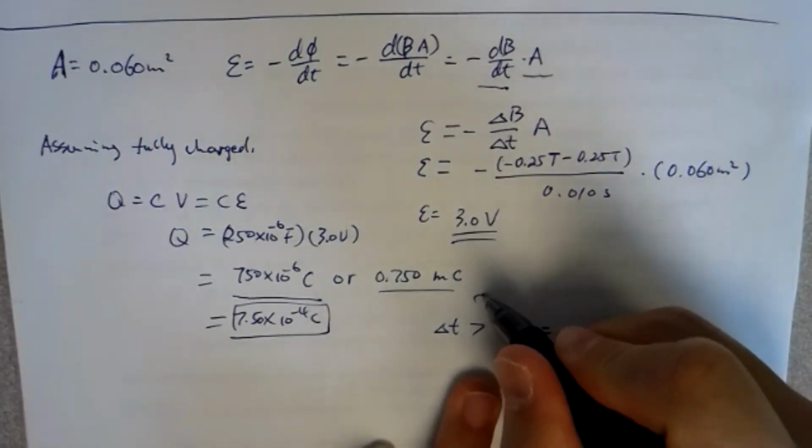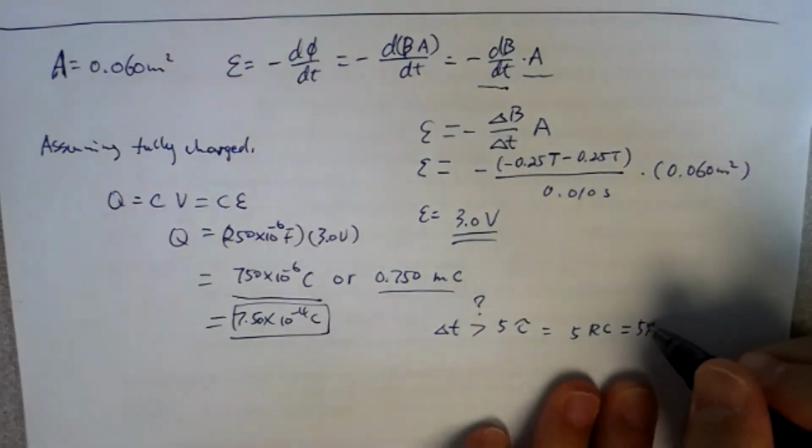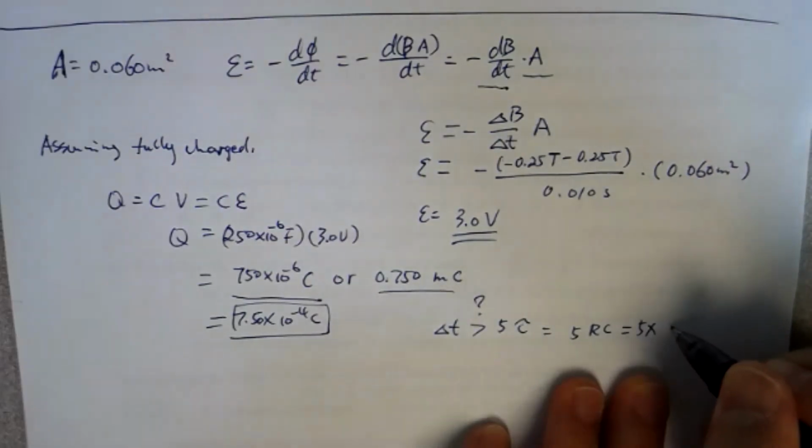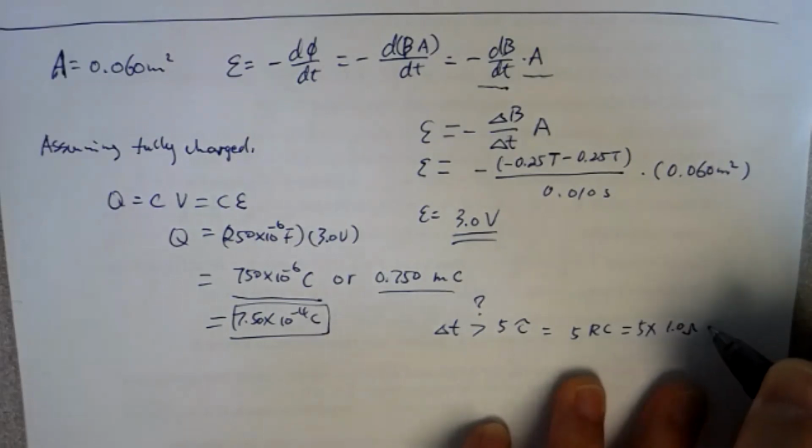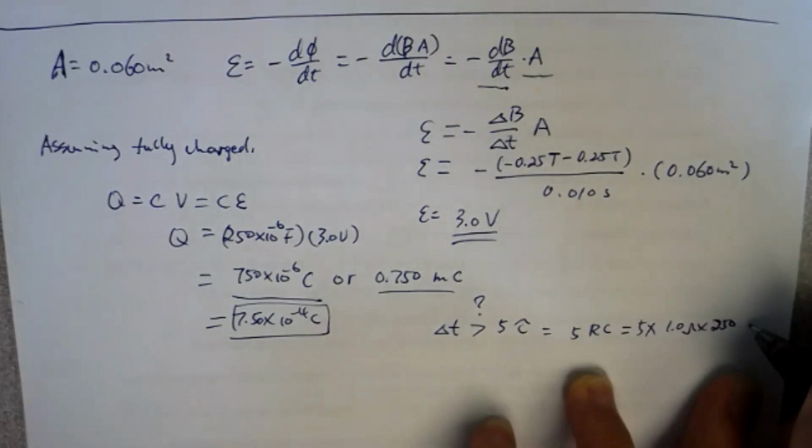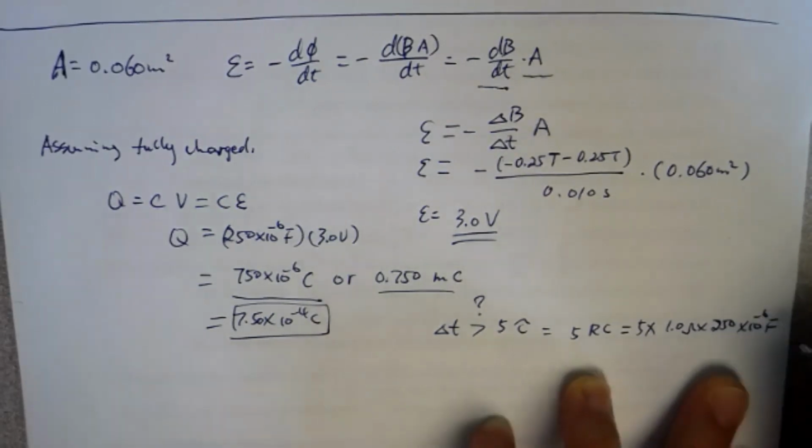So if that's true, okay? 5 times R, given here R is 1, and C is 250 times 10 to the minus 6 farad.